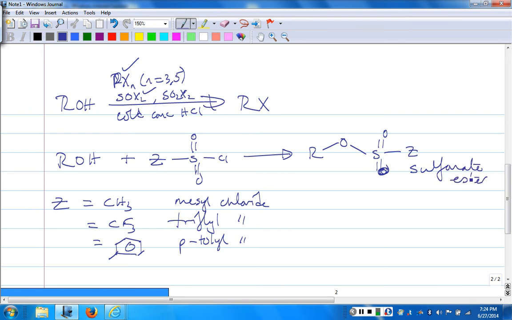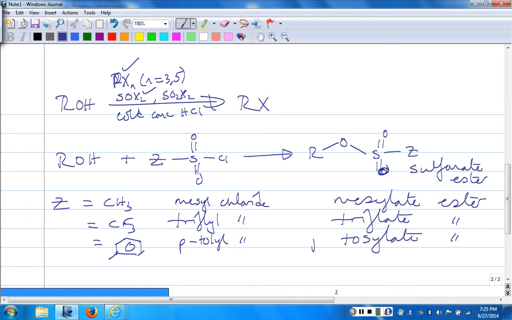And of course, it's an ester because it basically is the alcohol derivative of a sulfonic acid. When Z is methyl, then the ester is called a mesylate ester. Then, when it's trifluoromethyl, it's called a triflate ester. And this is called a tosylate ester. And if you want to be anal, it's the p-tosylate ester.